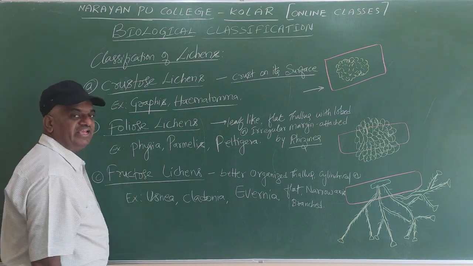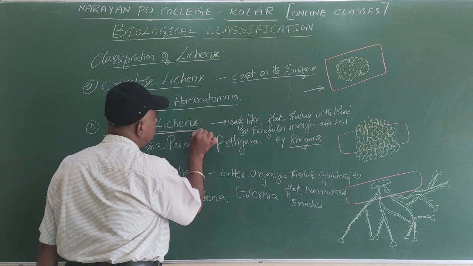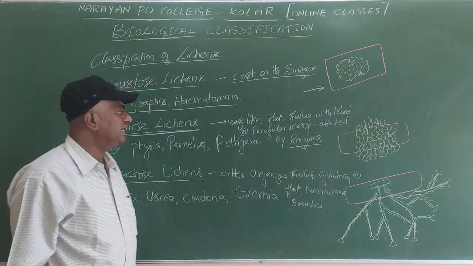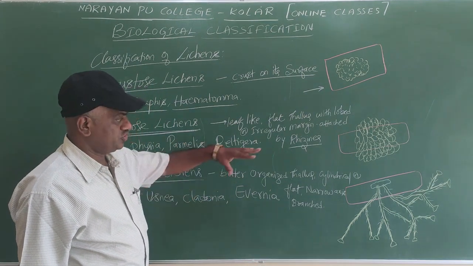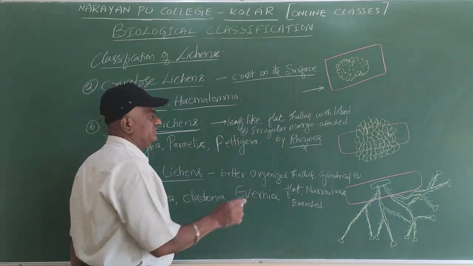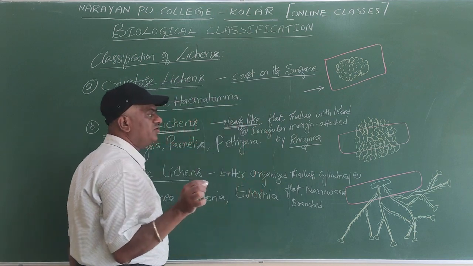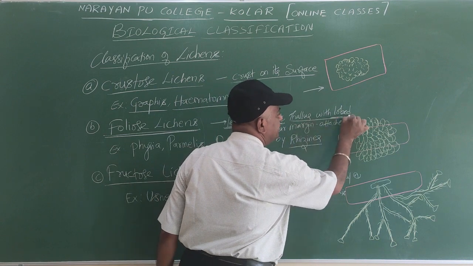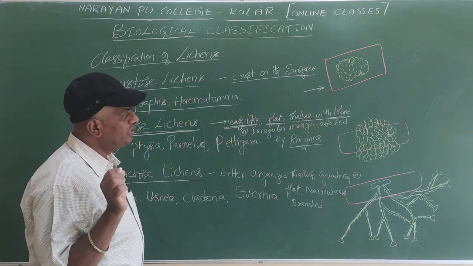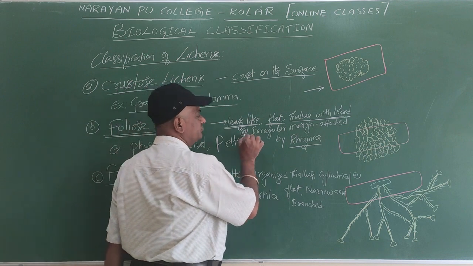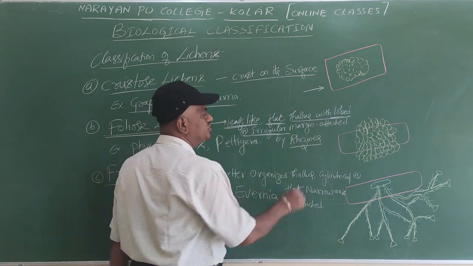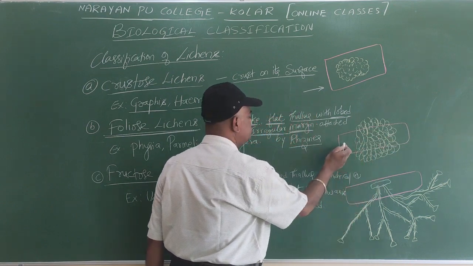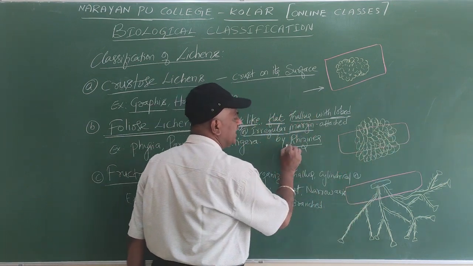Now the next one is foliose lichens. In foliose lichens, the thallus is attached to the surface and looks like leaf-like flat pieces. The thallus is lobed, with lobed or irregular margins, and it is attached to the substratum with the help of rhizines.